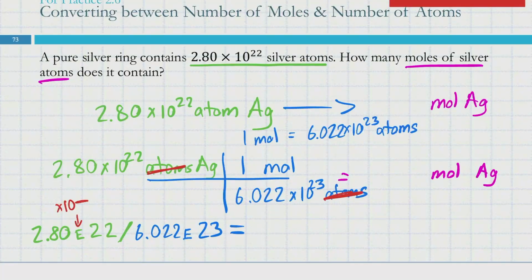The little lowercase e is like a specific number, and we don't want to use that because you will get the wrong answer. And calculator says 0.04649618 moles silver. We'd round it for 3 significant figures.